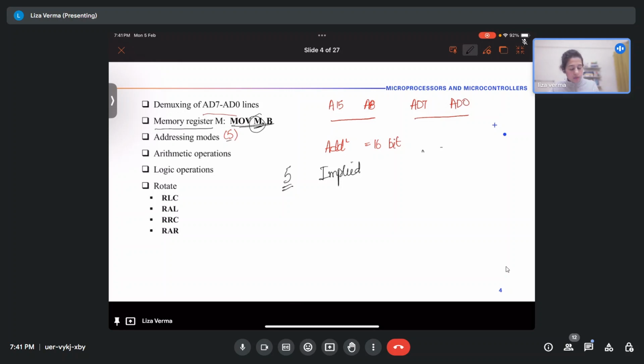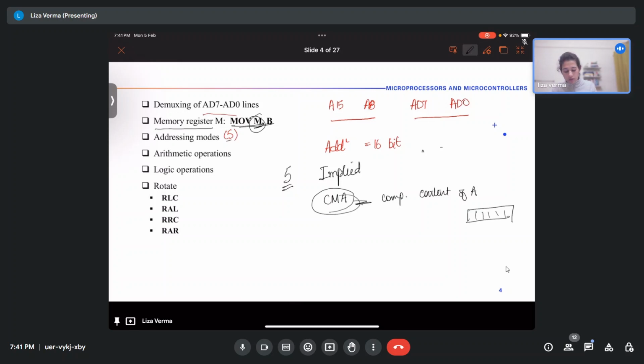For example, we have CMA, which translates to complement the content of A, the accumulator. If you have some data stored in the A register, this instruction will just do a ones complement on this data. So no operand is required.